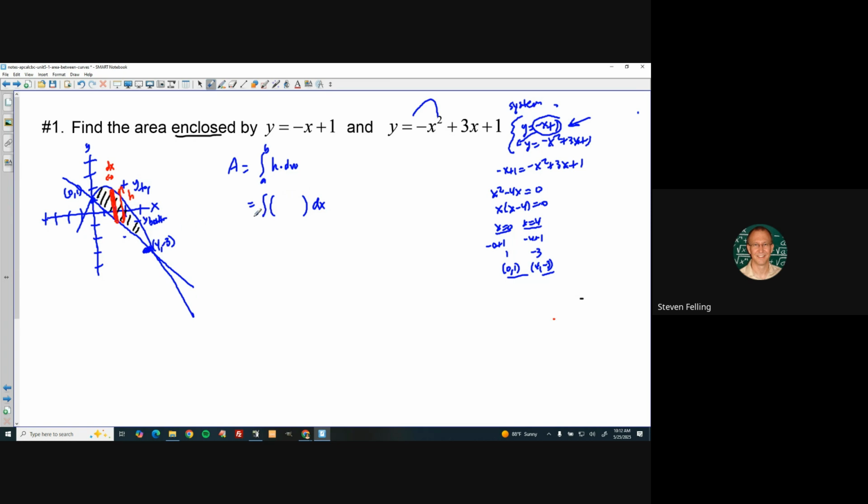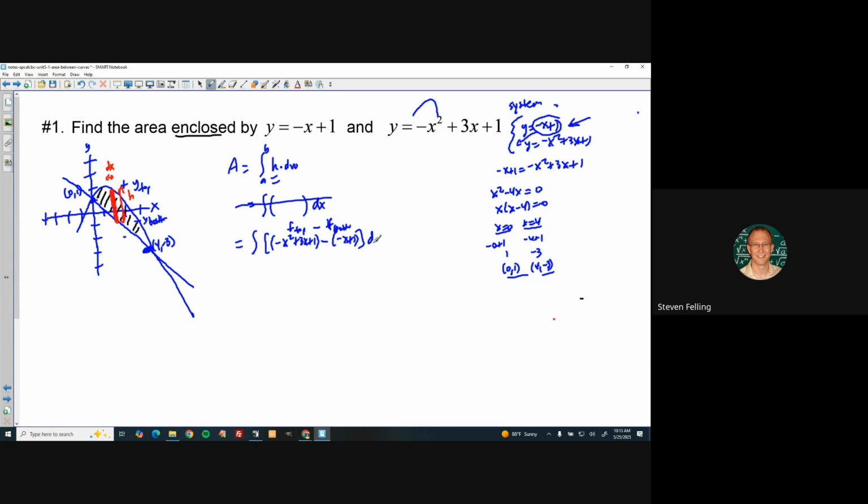Looks like I'm going to need a little more room here. It's going to be the top function, which is the curve, so that is negative x squared plus 3x plus 1, and then minus the bottom curve, which is negative x plus 1. So this is like the top f minus the bottom f. And that's giving me the height.